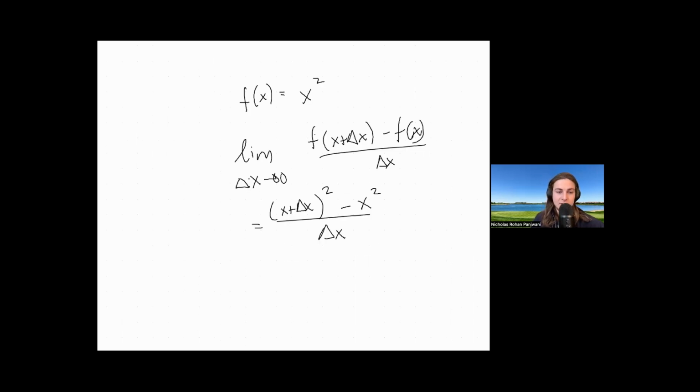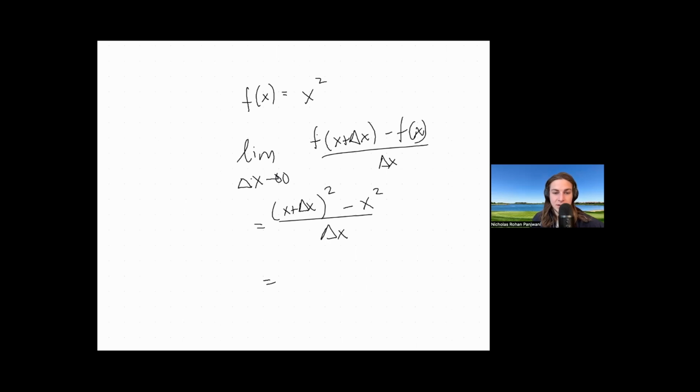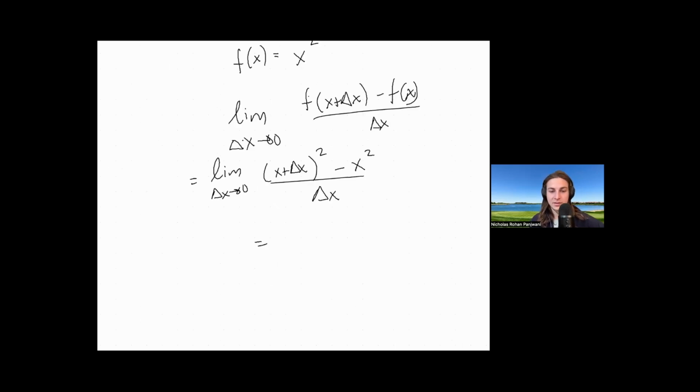And this is still the limit as delta x approaches 0. So we're going to expand this first term. It's going to be x squared plus 2x delta x plus delta x squared, minus x squared, all over delta x. And that's still, sometimes even I forget this, the limit as delta x approaches 0.